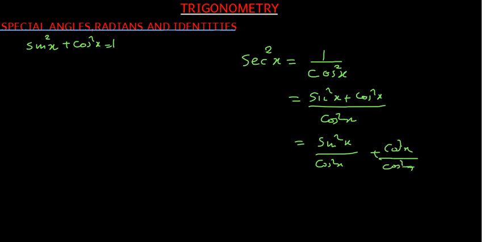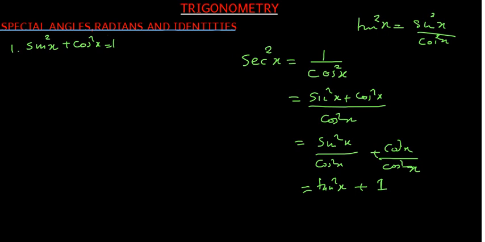But we know that tan x is the same as sin x over cos x. So if we square the tan, even the sin is going to be squared, even the cos is going to be squared. So sin squared x over cos squared x gives us tan squared x, and then plus cos squared x over cos squared x, that is going to give us a 1.